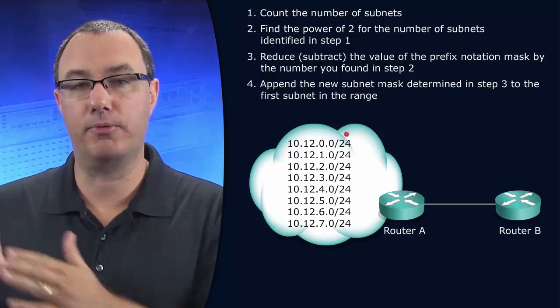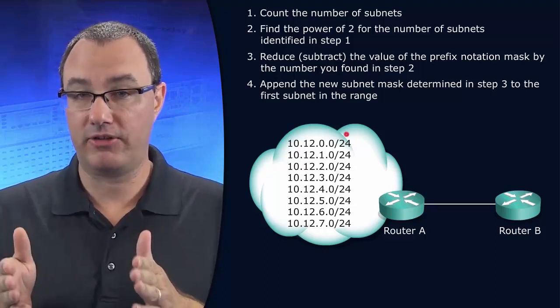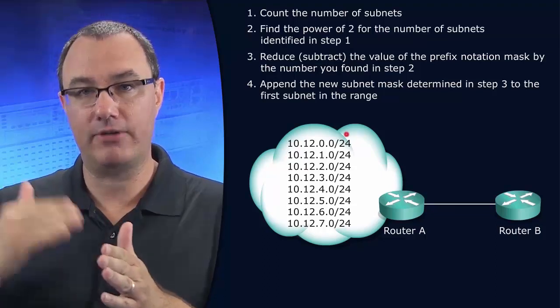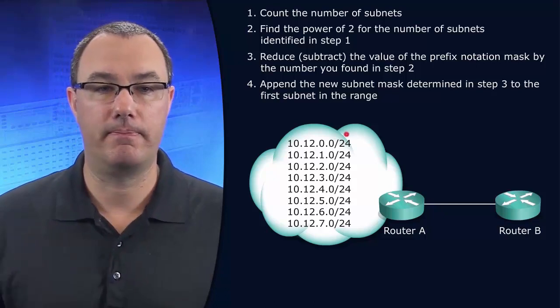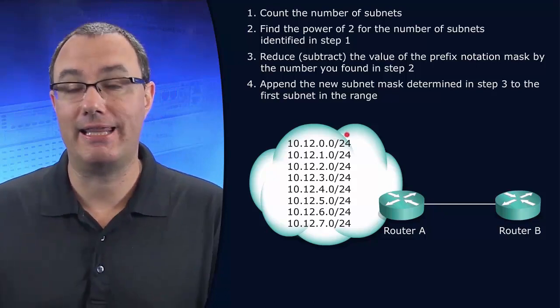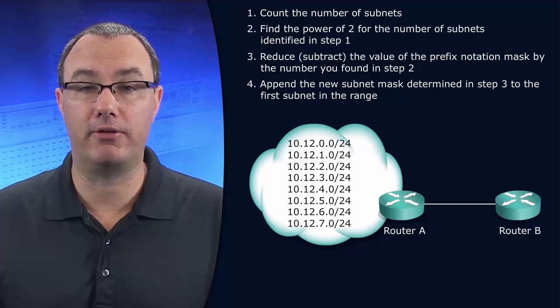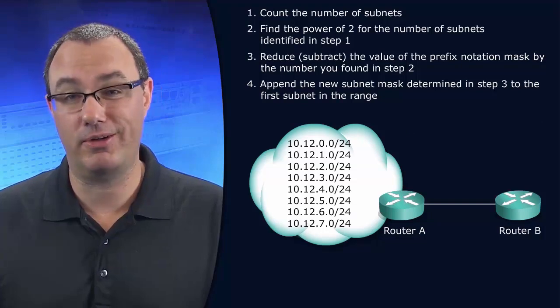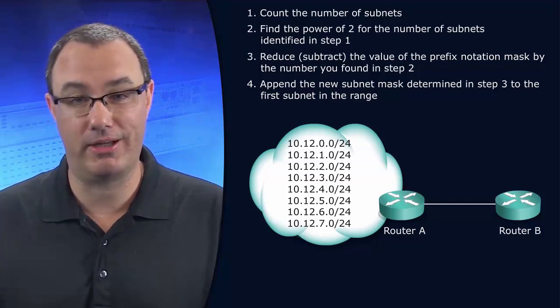If I'm summarizing, I need, in this case, for the mask of the summary to be less than 24. So we're going to teach you how to find that perfect summary mask. If you can do this, that's a really great thing, okay?